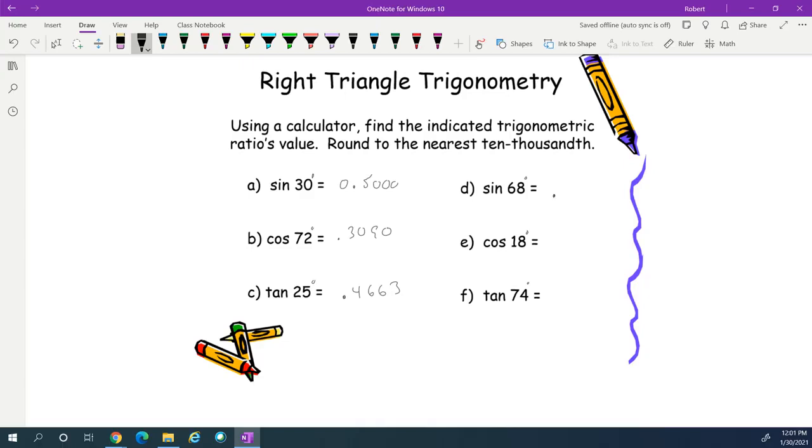We get 0.927. And this one we had to round. Now, if you don't round it, or you let the calculator keep all the decimal places that it has, every calculator is different, that could cause a slight difference in our final results. So if we're told round to the 10,000ths, we have to follow those directions.